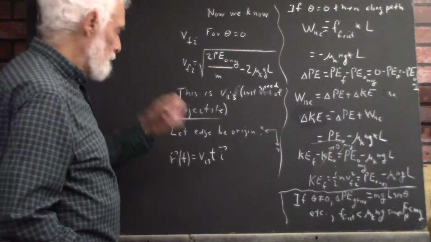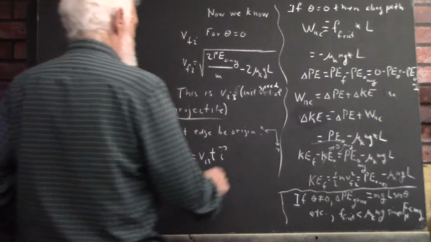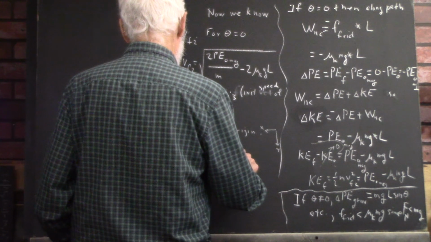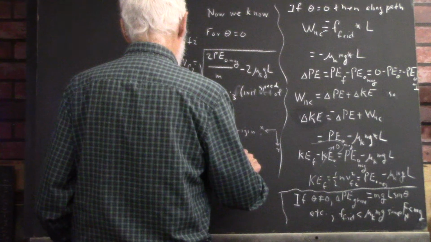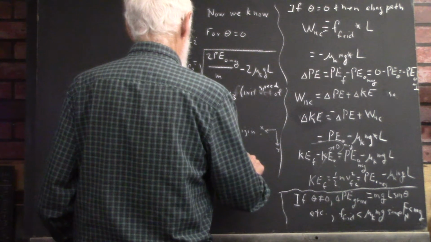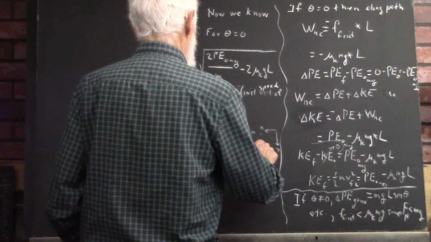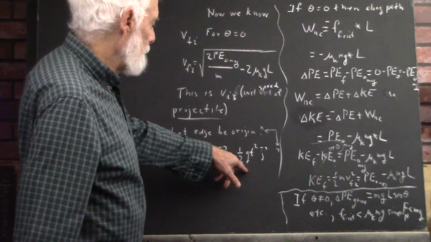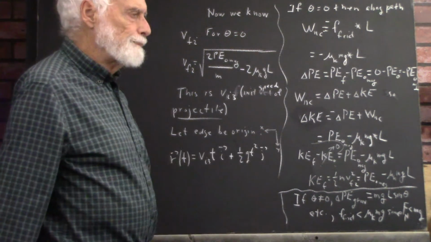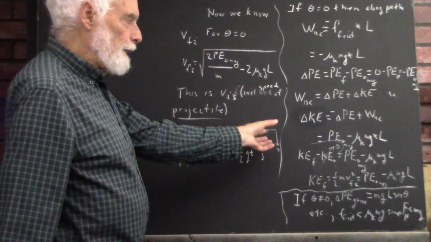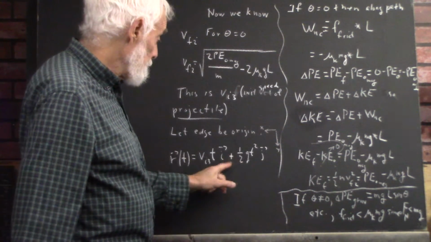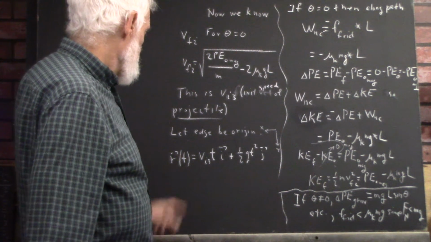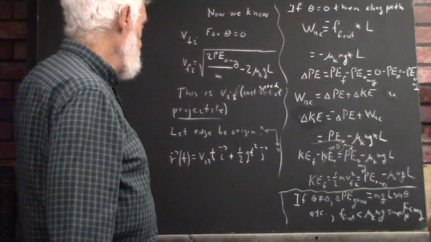That's your horizontal component of the motion, plus one half g t squared j. Since I've got my coordinate system rotated 180 degrees, the positive y direction is down, so that is plus. Okay? So there's your r of t function.